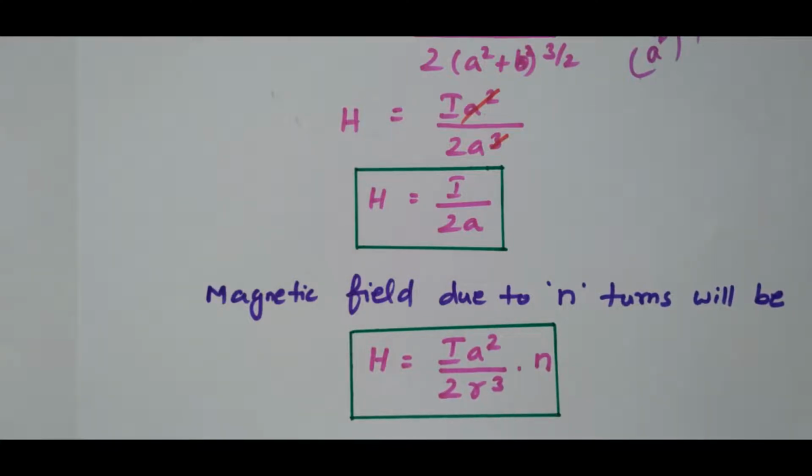So we have four different expressions. First is IA square divided by 2R cube. Then R is substituted in terms of height, the second expression. Then height is 0 at the center, the third expression. The fourth expression is in terms of number of turns. Now we'll see the problem.